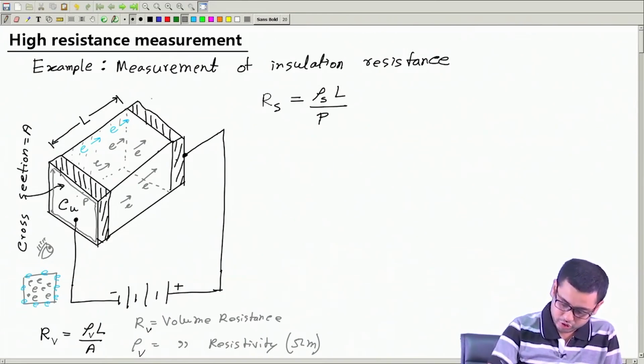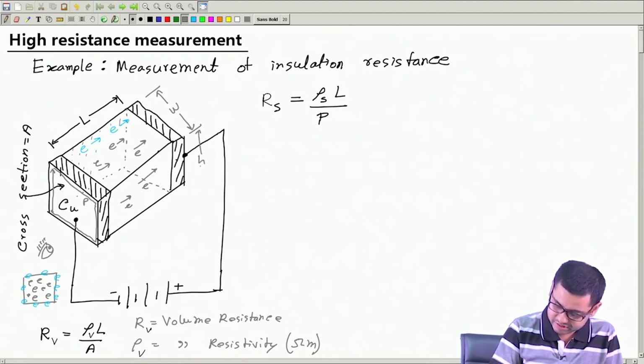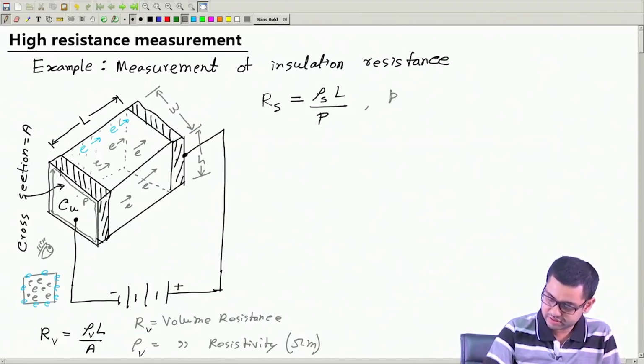Okay. And also if you call this distance w and this distance h, so this is the height, this is the width of the block, then the periphery p is equal to 2w plus h.